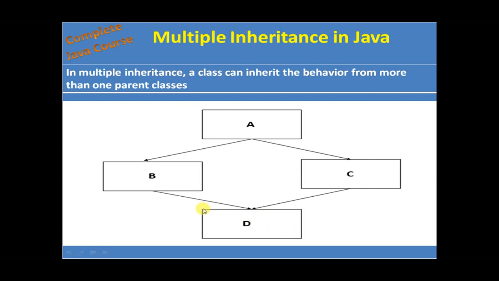So class D can have B and C classes as parent classes. And if B and C have any parent class, it is called hybrid. Okay, so basically if we talk about multiple inheritance, if a subclass has two parent classes, then it is called multiple inheritance.